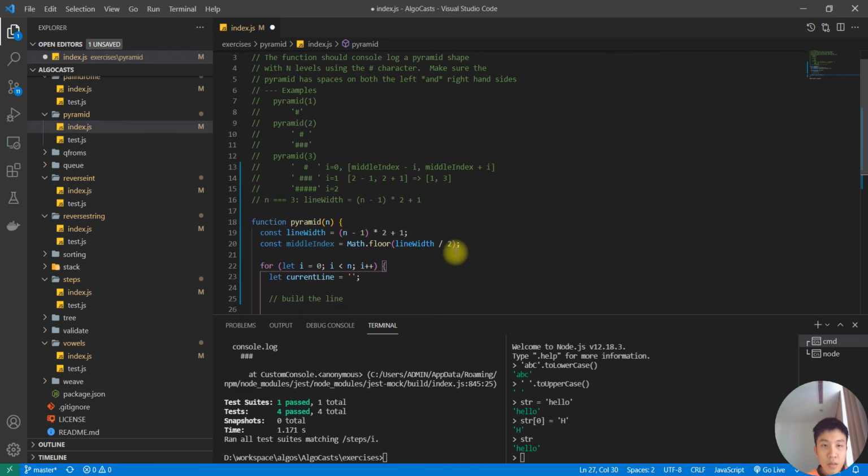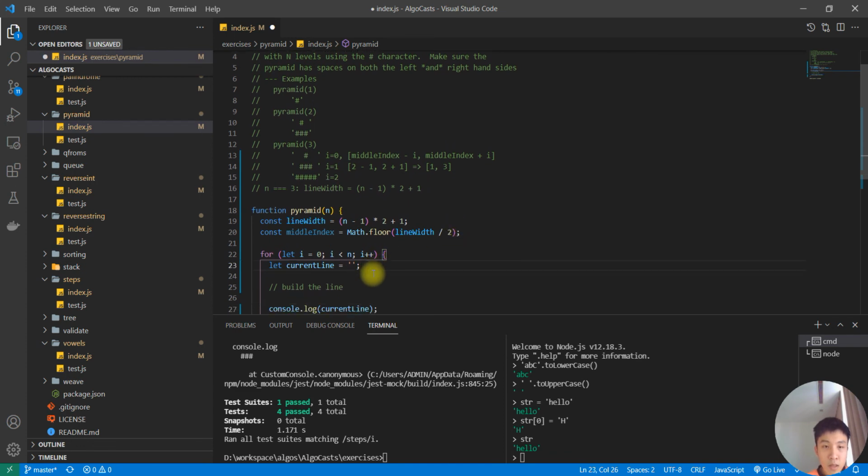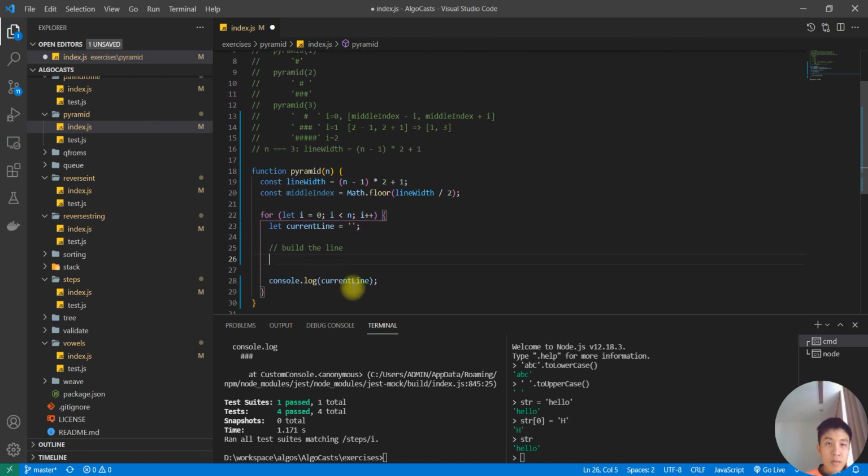In order to build a line, we'll use a loop for j, from 0 to j less than line width, j plus plus.